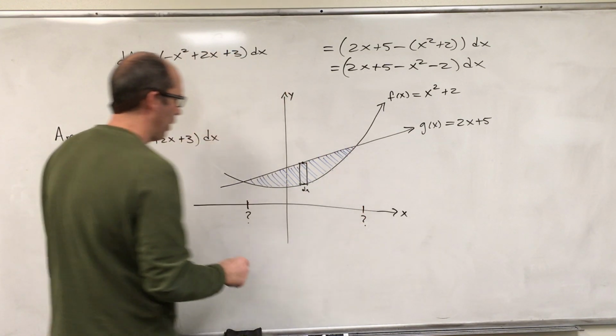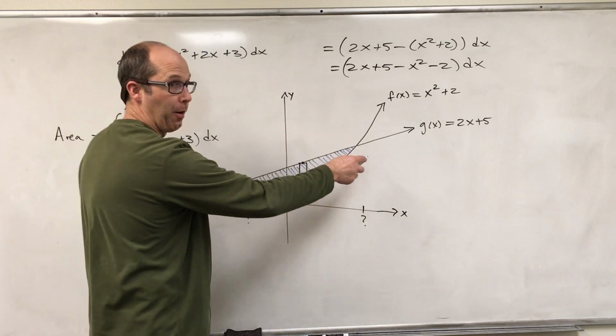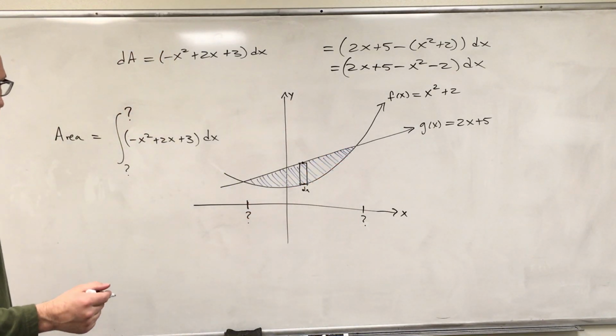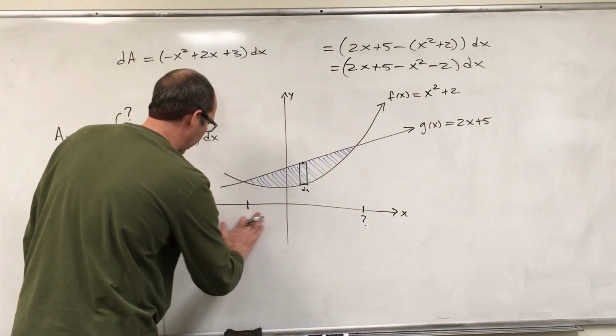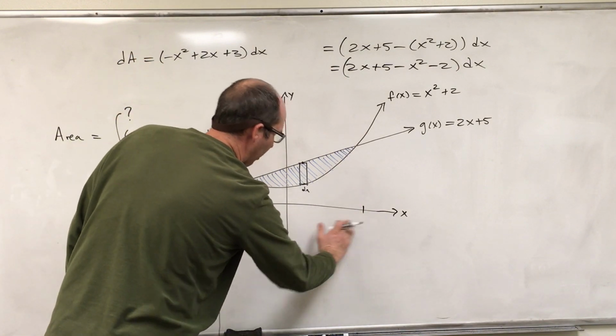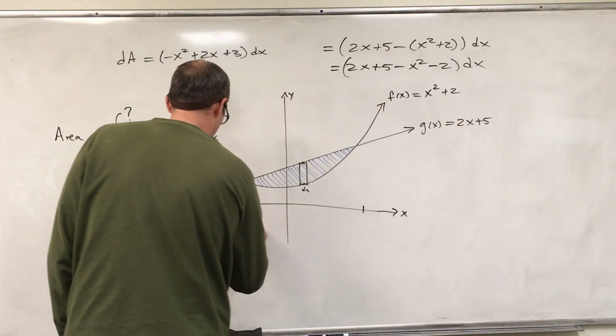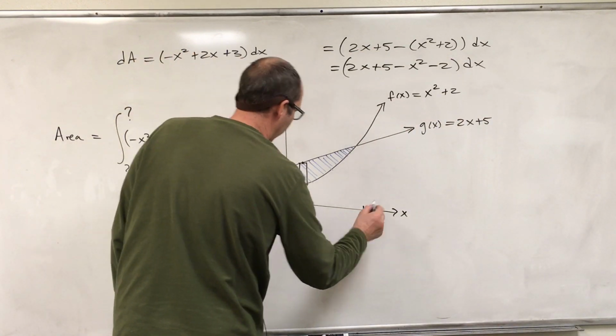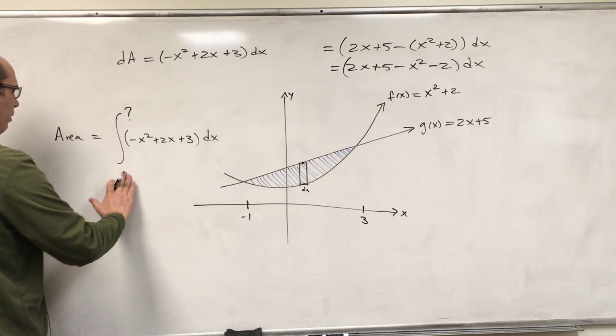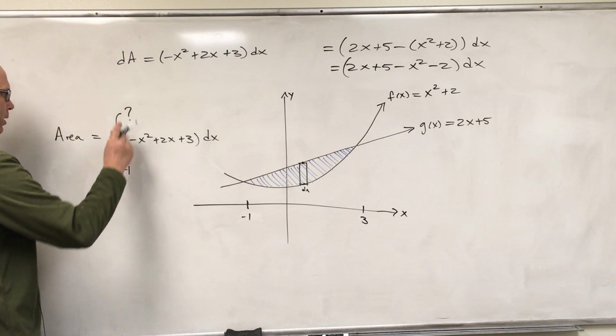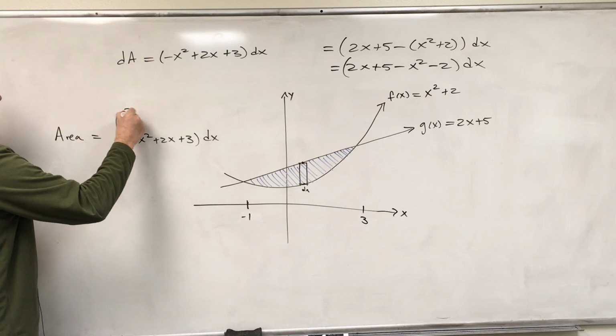A lot of the initial problems tell you where to start and where to stop. In this problem, I know the answer: negative 1 and 3. So in that case, what you would put is you start at negative 1, stop at 3.